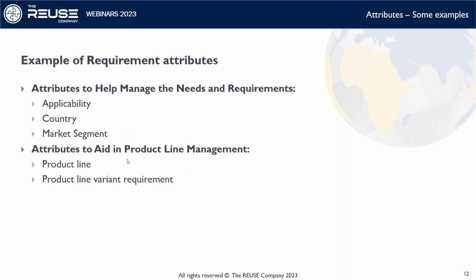And of course, if you're into product line engineering, for instance the automotive industry, you would like to state that this is valid for this type of car in this variant with this engine or this driveline or whatever. But I will not be focusing on these categories throughout the presentation.